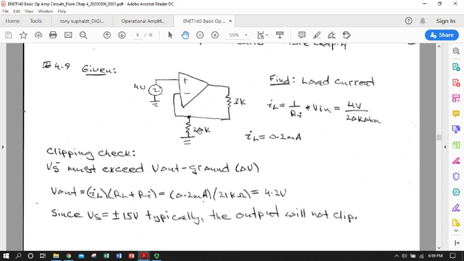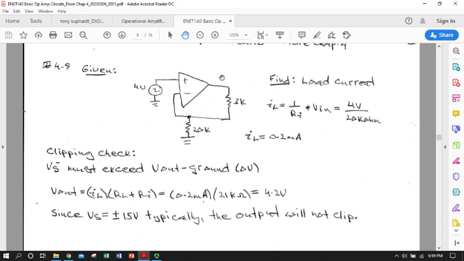So we know we have a 21 kilo ohm resistor path to ground. We're going to try to flow 0.2 milliamps over it. That gives us a 4.2 volt drop between the output and ground, and that's way less than the 13.5 to 15 volt supply limit that we would have.